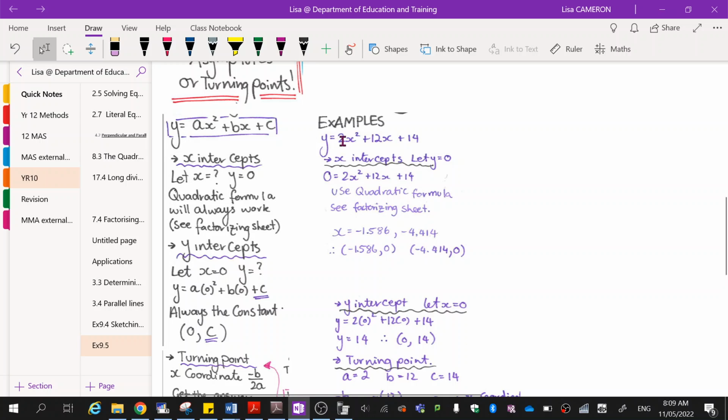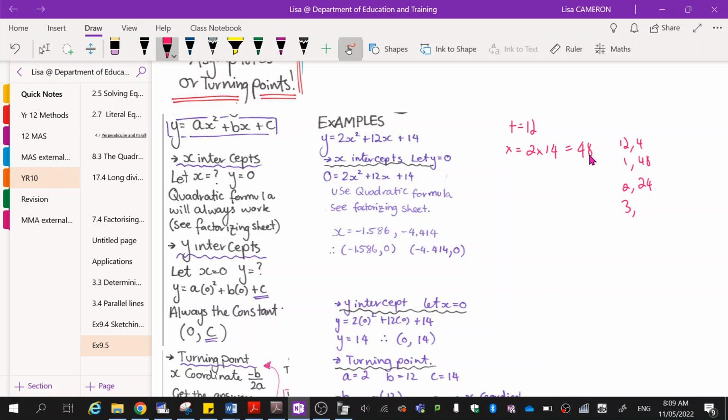Now, in this case, the reason why I used the quadratic formula is if I look for my numbers that add to equal 12 and multiply to equal 2 times 14 or 48, the factors of 48 are going to be 12, 4, 1 and 48, 2 and 24, 3 is one of them.